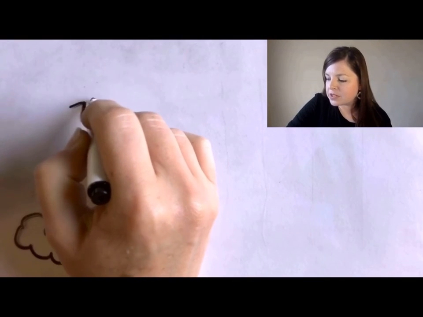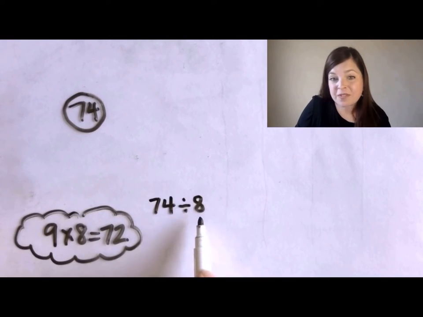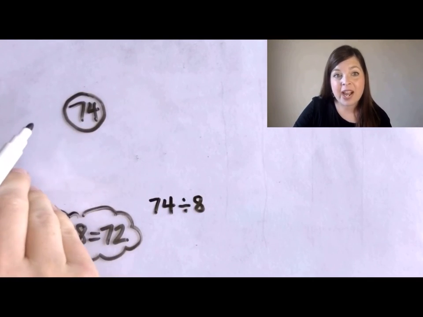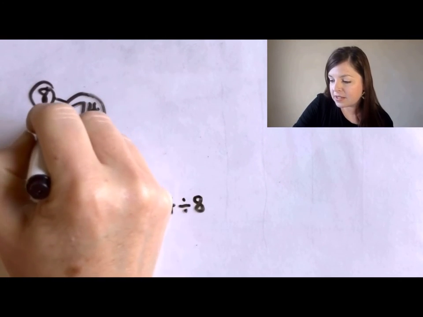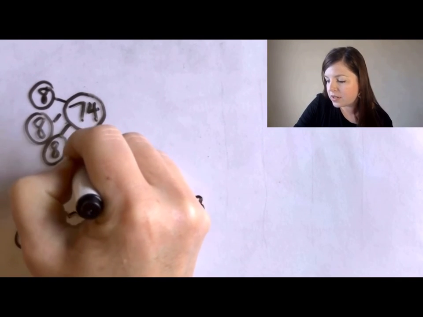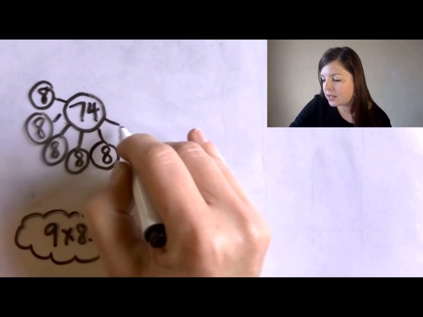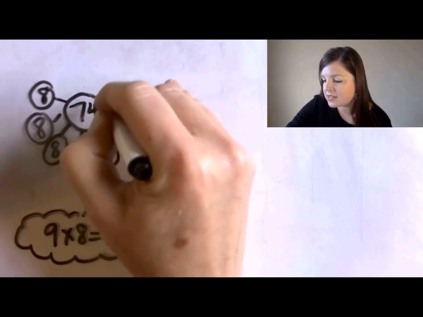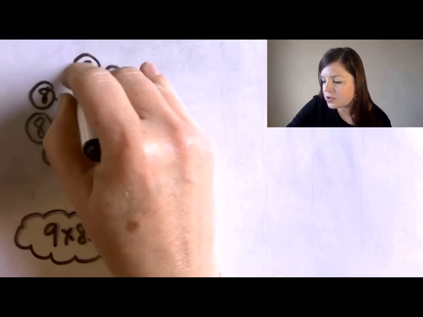The whole amount that we're dividing is 74, and I can pull out as many groups of 8 as I can, and let's skip count by 8s to keep track of how much we've pulled out so far. Ready? 8, 16, 24, 32, 40, 48, 56, 64, 72.